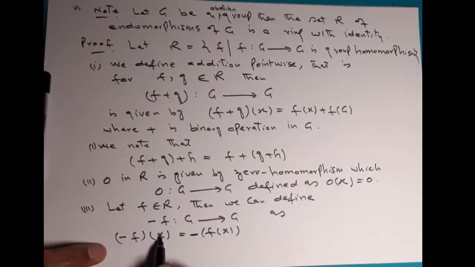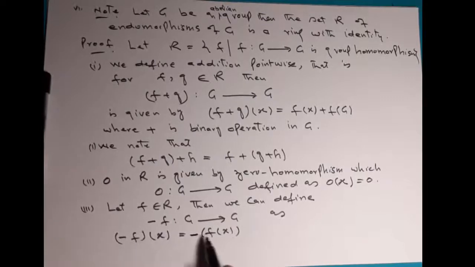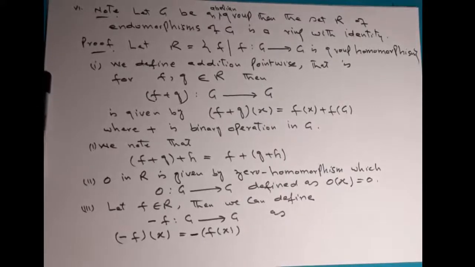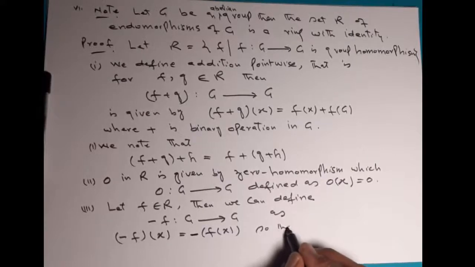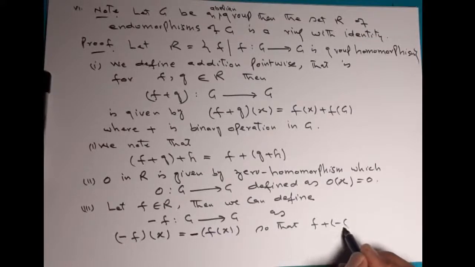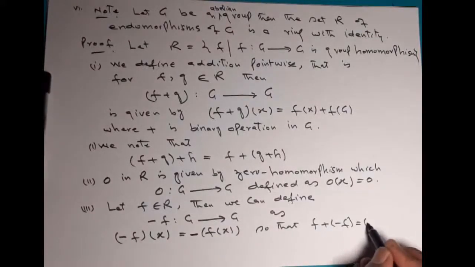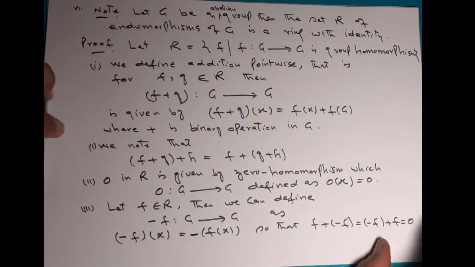What is minus F? What is the effect of minus F on X? It is the effect of F on X and then negate it. So this is minus F. And you can see that if we add F with minus F, or we add minus F with F, the result will be the zero homomorphism. So minus F is the additive inverse of homomorphism F in R.